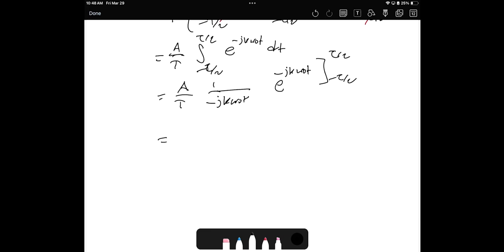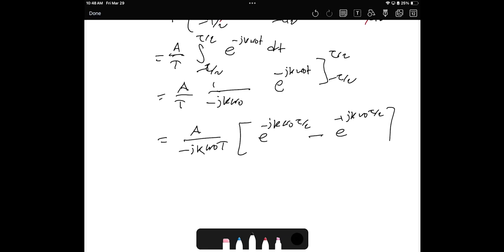It will be A over negative jk omega naught T, upper. Then substitute tau over 2, it will be e power negative jk omega naught tau over 2 minus e power negative, will make it positive, jk omega naught tau over 2. Okay?